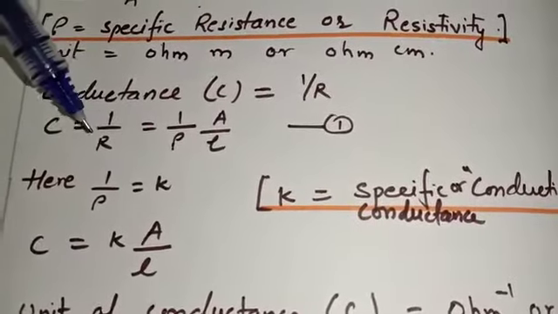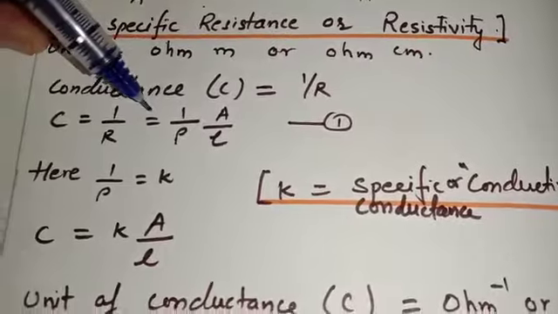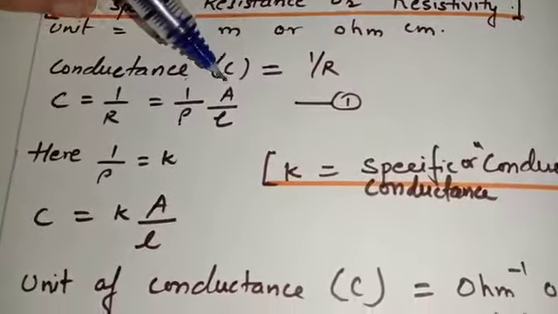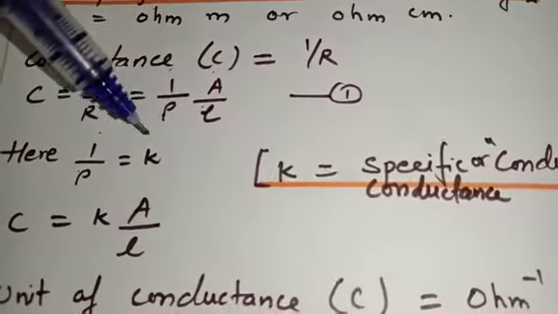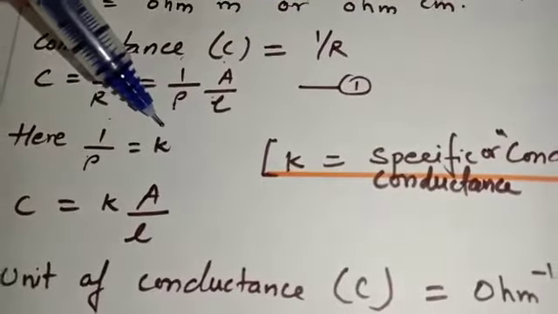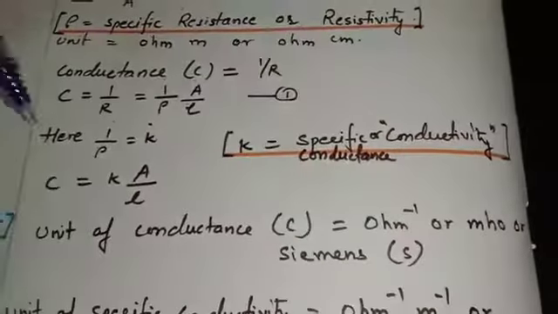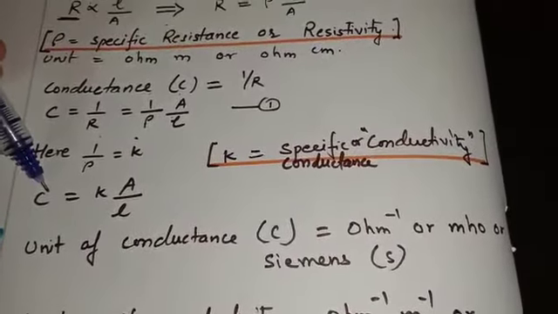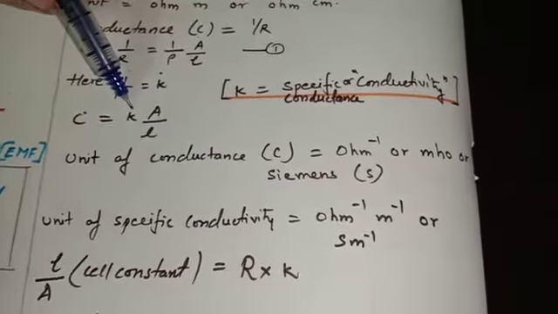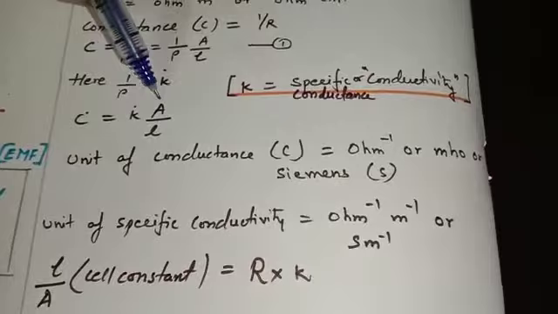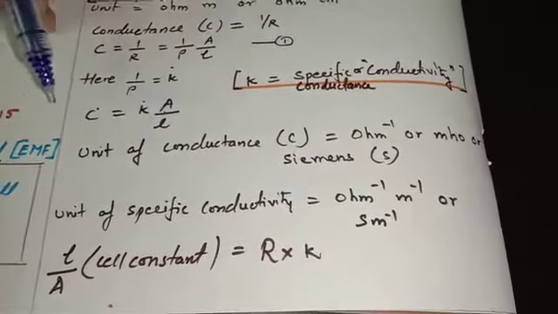Next, coming to the conductance. Conductance is the reciprocal of resistance, that is C is equal to 1 upon R. Or I can also write 1 upon rho is equal to A upon L. And we know that 1 upon rho is equal to kappa, and kappa is known as specific conductance or conductivity. Hence, we can say that conductance is equal to kappa, that is specific conductivity, multiplied by area of cross section divided by length of conductor.